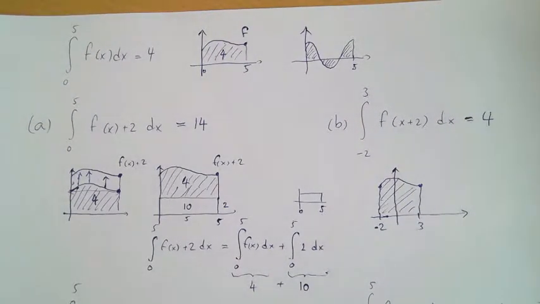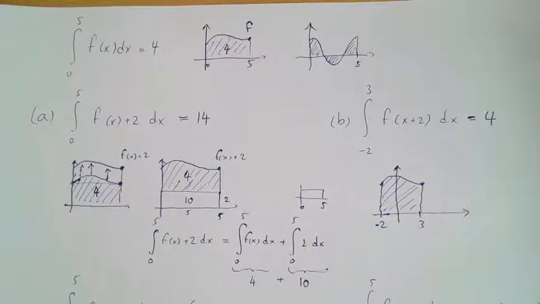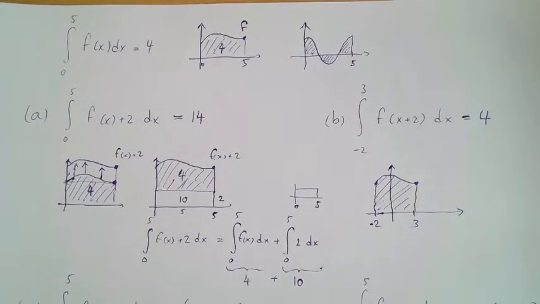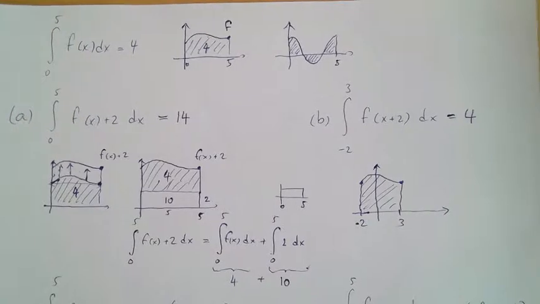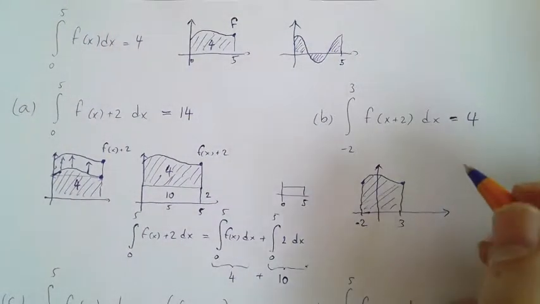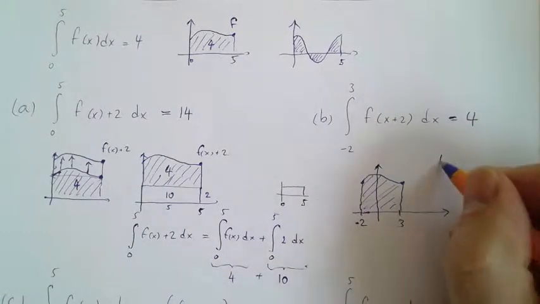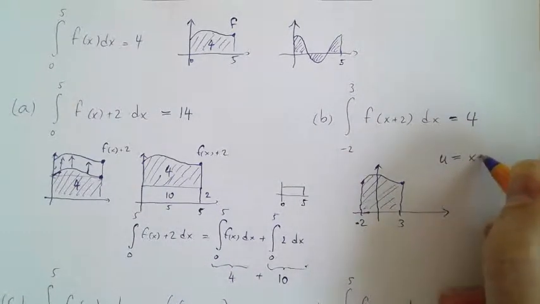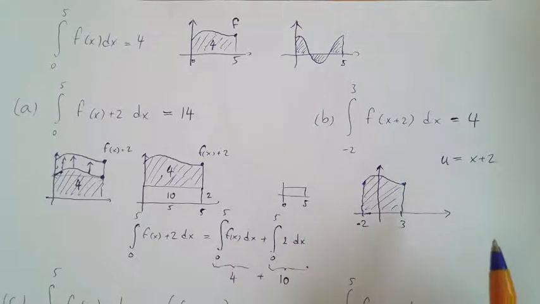We can introduce a concept that we will study further later in the chapter, which is U substitution, to also solve this exercise in a different way. What you can do is you can set up U as x plus 2. So U equals x plus 2.